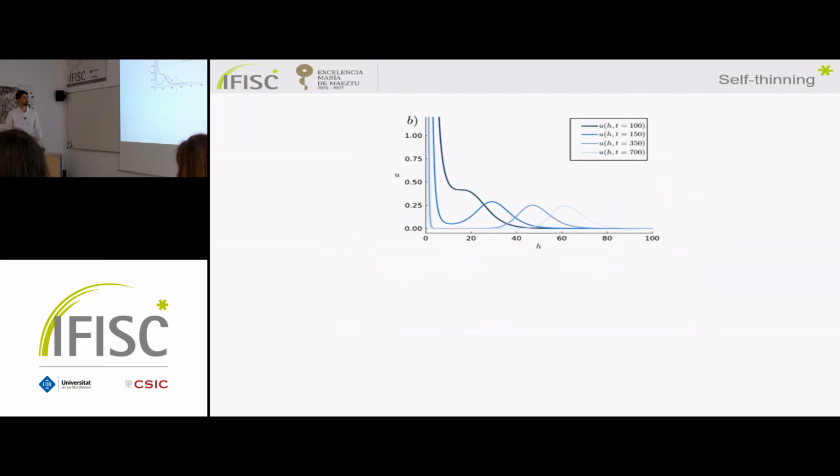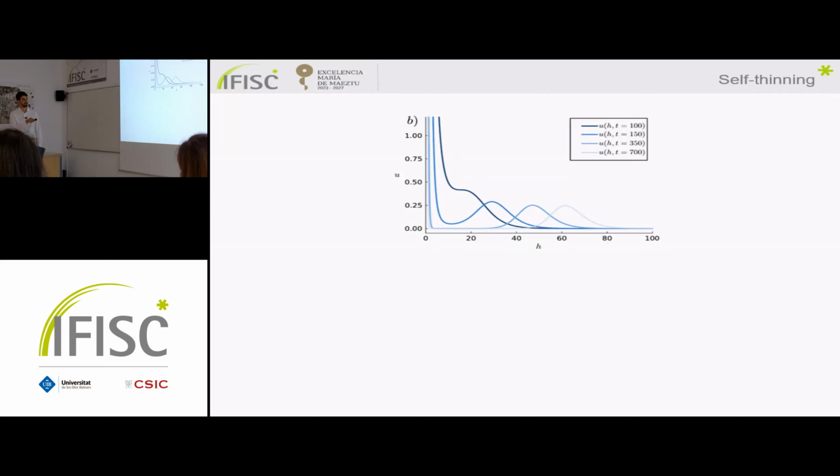In this self-thinning process, what we are saying is that the structure of the community changes, and instead of being monotonically decreasing it shows this peak here, a peak of colonies that are growing, but no new colonies are being created in this process.